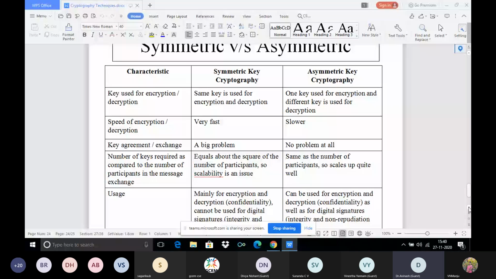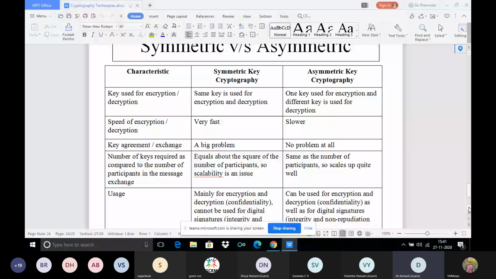For example, if you take n as a very large number, as the case may be, that there are many nodes in the network. In that case, n becomes a large number, and the problem that happens is that scalability becomes an important and major issue to solve. So you have to be very careful in choosing a symmetric key cryptography technique when scalability is an issue.